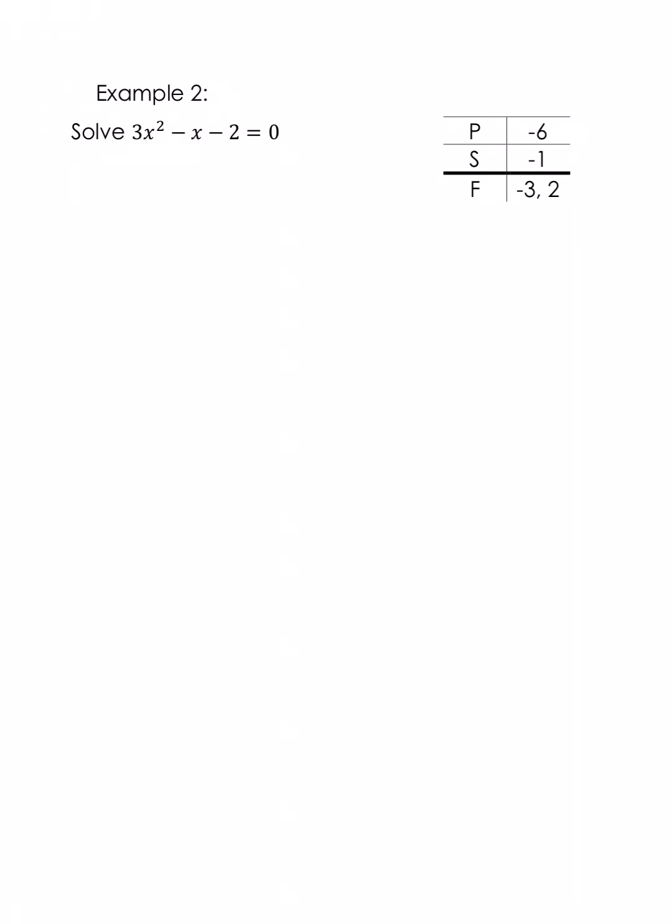Example 2: 3x squared minus x minus 2 equals 0. Our product is 3 times minus 2, which is minus 6. Our sum is minus 1, giving us factors of minus 3 and 2. Once again, we split the middle term into minus 3x plus 2x.